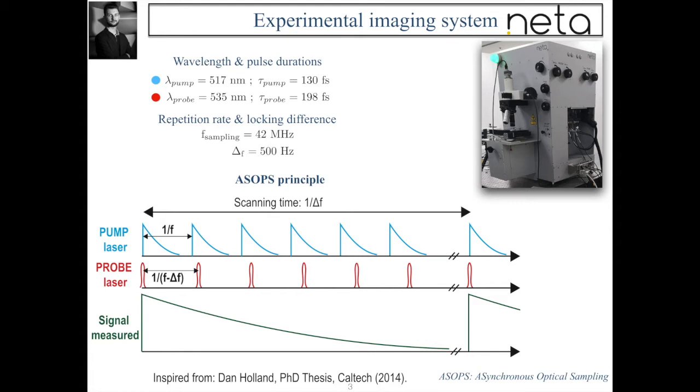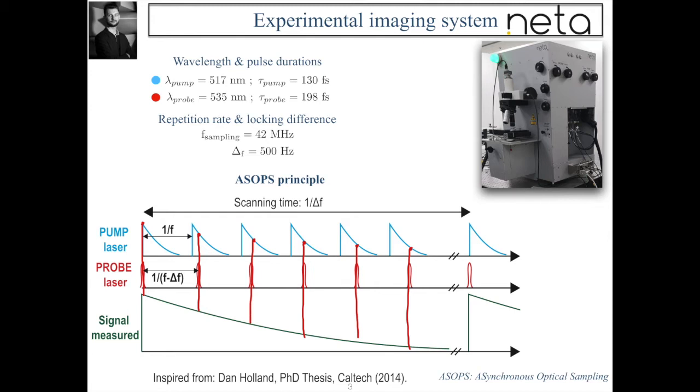However, since the phenomena generated by the pump are ultra-fast, there are no electronic devices that can measure them directly. So, to overcome this limit, we are relying on the repetitivity of these phenomena in order to sample the measurement of the propagation of the wave using a delay between the probe laser beam and the pump laser beam.